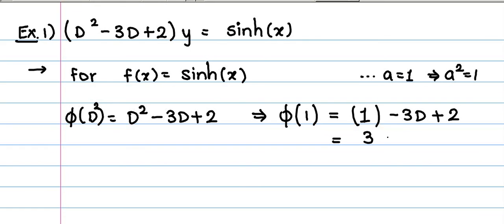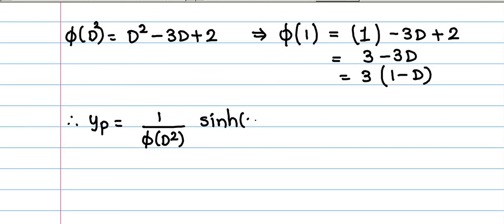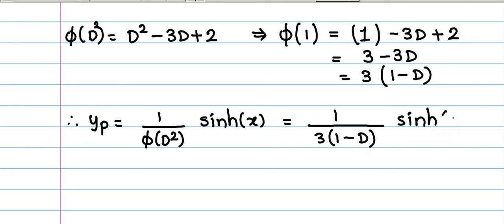If we simplify, this will be 3 minus 3d. You can take 3 common, and 1 minus d. Since it is not equal to 0, the required particular integral is, whenever we operate the auxiliary equation in terms of d square on the function sin hyperbolic x, we replace d square by a square, and it is 1 upon 3 times 1 minus d, into sin hyperbolic x.